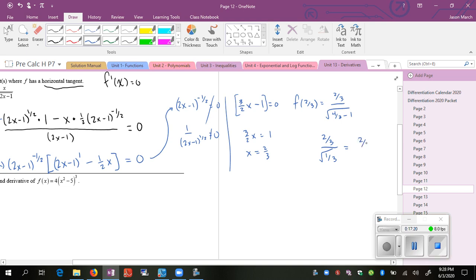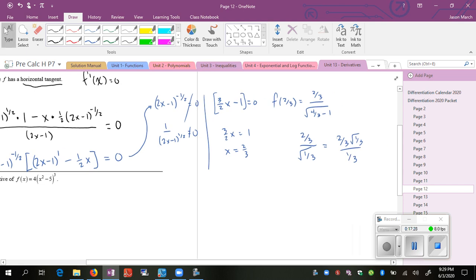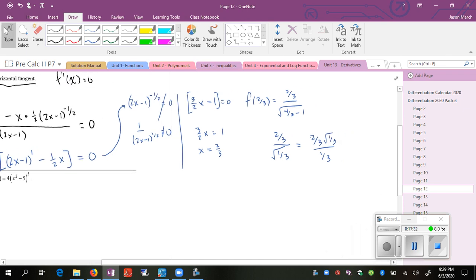So we have 2/3 times radical a third over a third. And now we can divide by keep, change, flip. And so we just get 2/3. The 3's cancel actually, so it's 2 times radical a third.